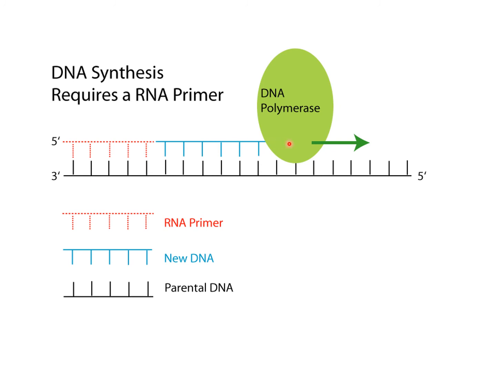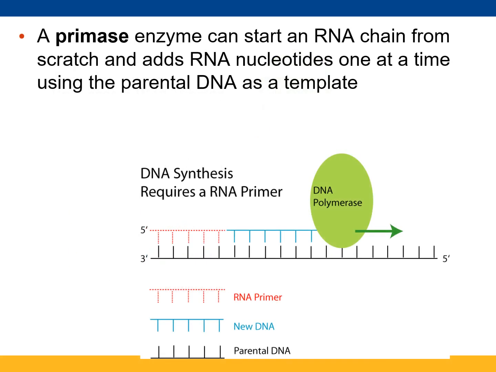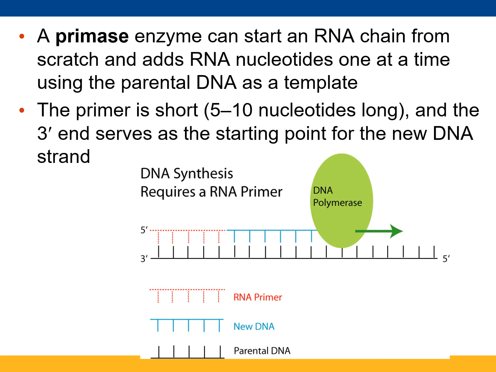Again, 5' to 3', reading 3' to 5'. So a primase can start an RNA chain from scratch. It doesn't need a 3' end. Okay? So we're going to synthesize a little bit of primer, and then DNA polymerase can come in and start synthesizing DNA. It's only 5 to 10 nucleotides, very, very quick.